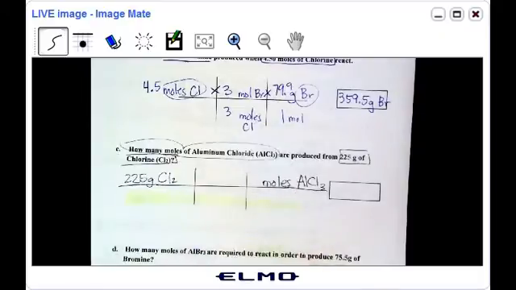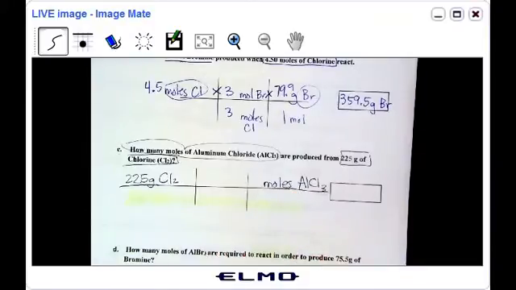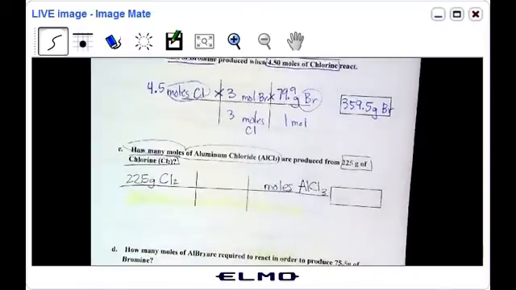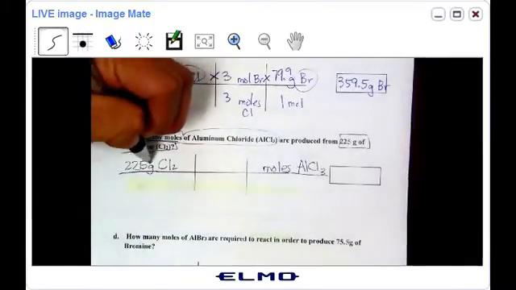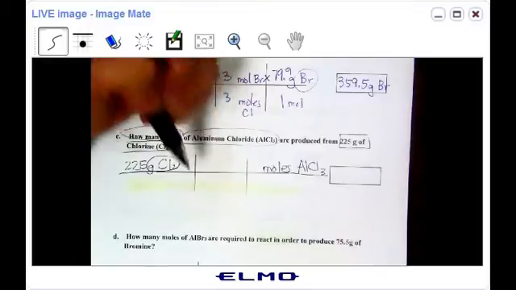That's why I knew. Anything you're looking for, or the unknown, what you want, goes in the top right-hand corner. Whatever you're given, the number in the problem will go on your top left-hand corner. Make sure you always write the unit and whatever element it's connected to. That will help you solve the problem.